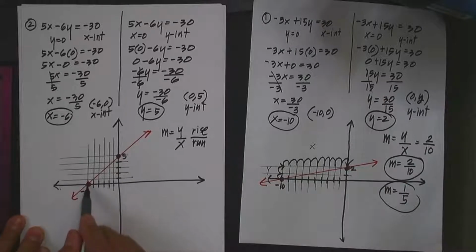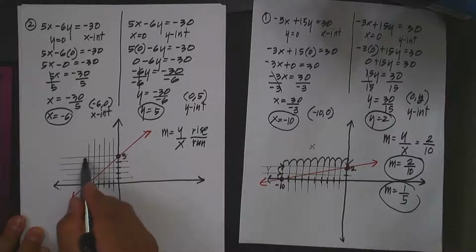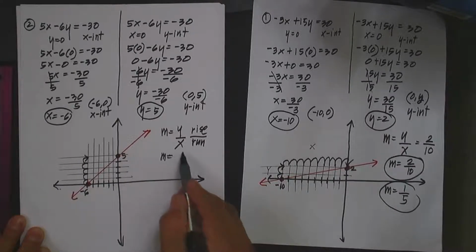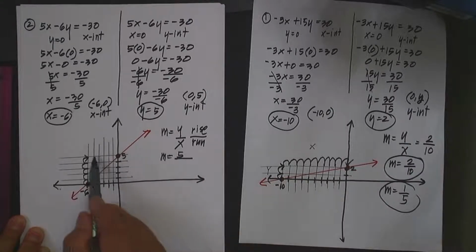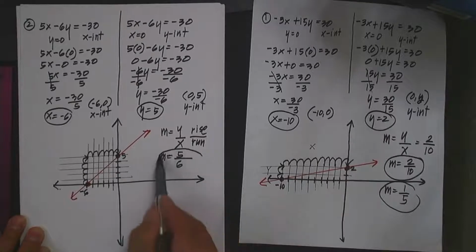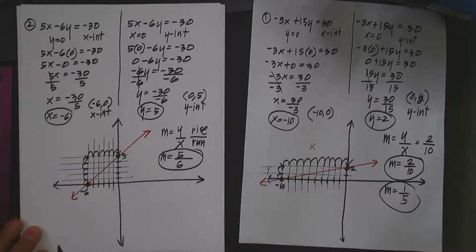Always start from the bottom part of the coordinates or the point. So going up, 1, 2, 3, 4, 5. So therefore, the rise is 5. Next, going to this point, you're going to count 1, 2, 3, 4, 5, 6. So you got 6. So therefore, your slope is 5 over 6. You get that?